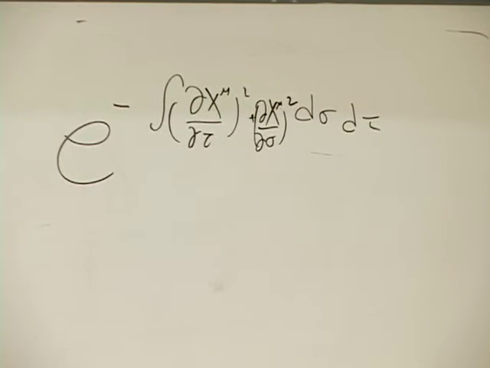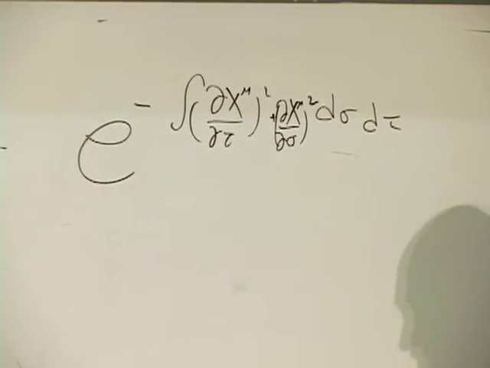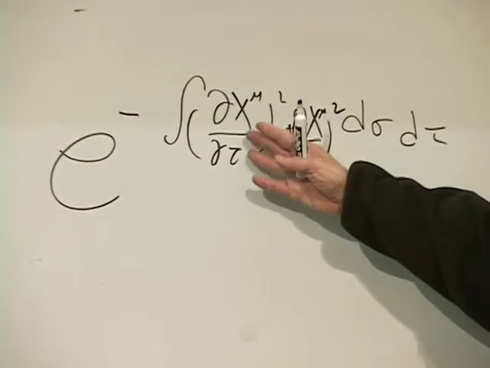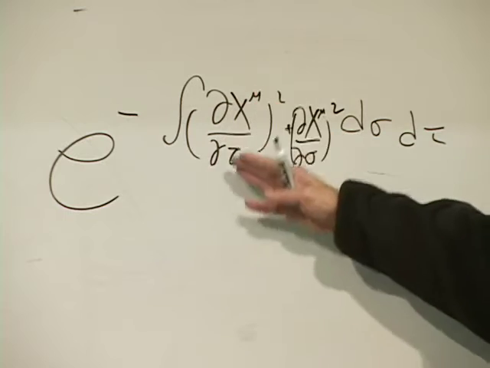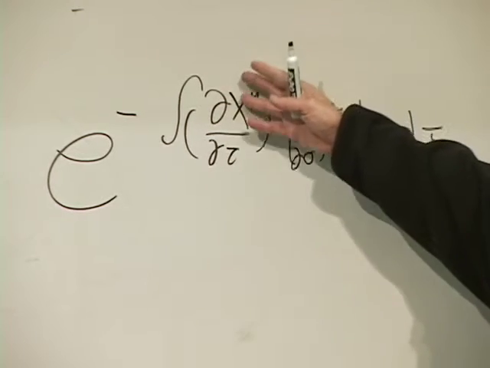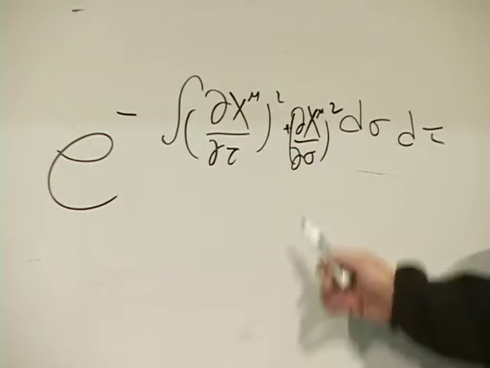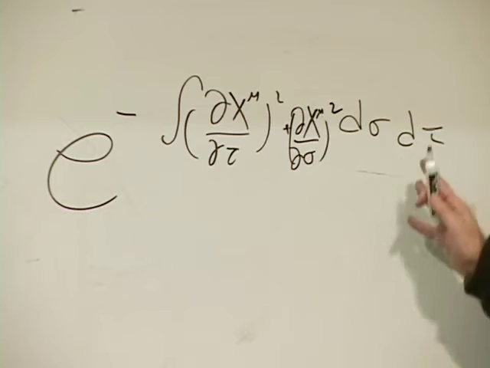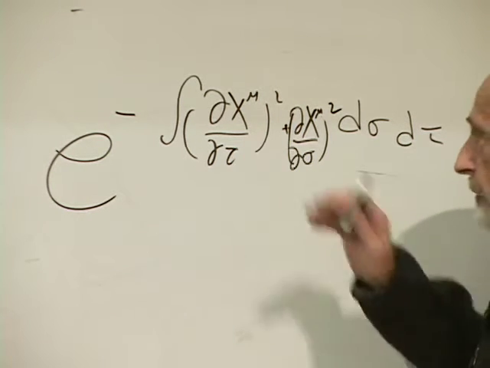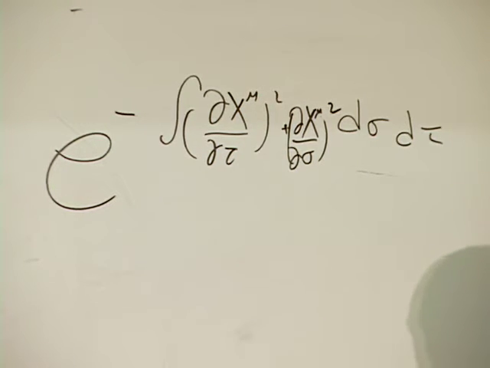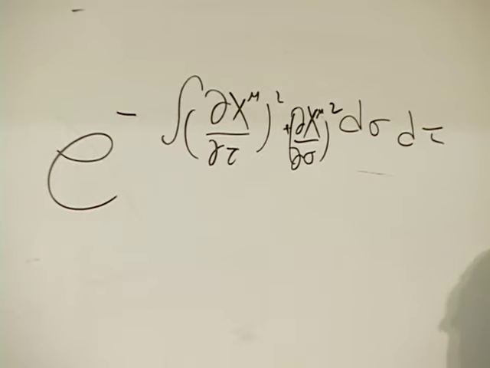What exactly does this mean? The dx mu by d tau squared means the sum of 26 terms. The dx1 by d tau squared, the dx2 by d tau squared, the dx3, up to the last one. That's what these things mean. This is the exponential of the action. And what do we do with it?